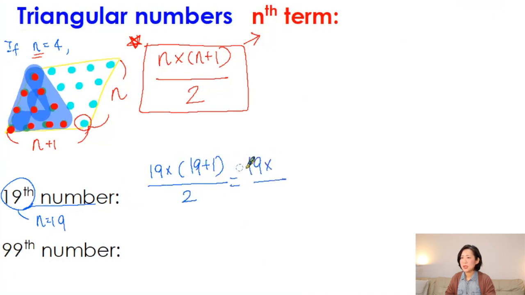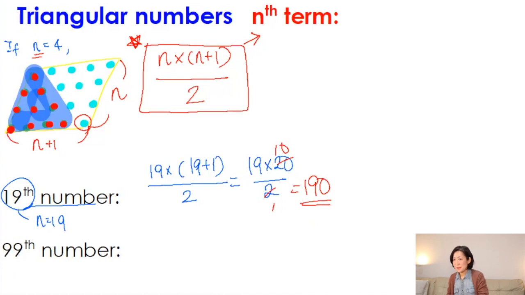That gives 19 times 20 divided by 2. So 2 and 20, you can simplify it. Then 190 is the nth term. That means if you add up all the numbers from 1 to 19, it gives you 190.